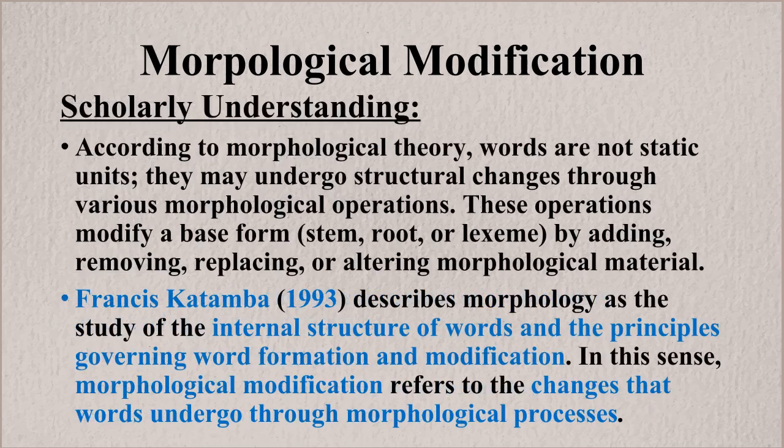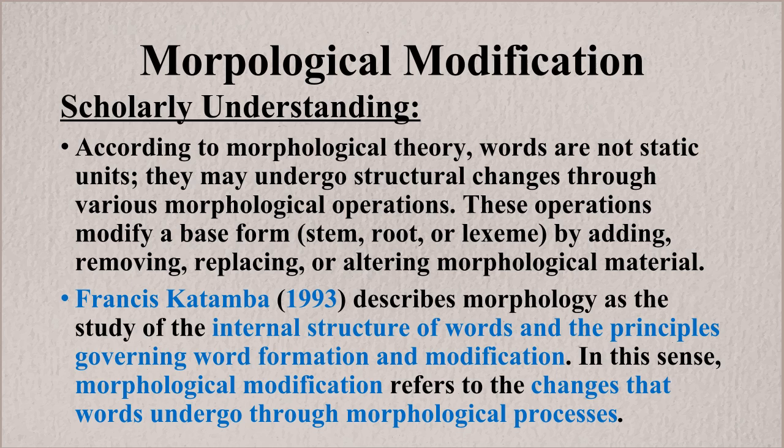From a scholarly perspective, morphological modification is not usually treated as a single, universally recognized category in the way that terms such as inflection, derivation, or compounding are. According to morphological theory, words are not static units. They may undergo structural changes through various morphological operations.